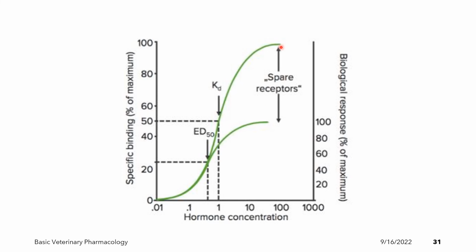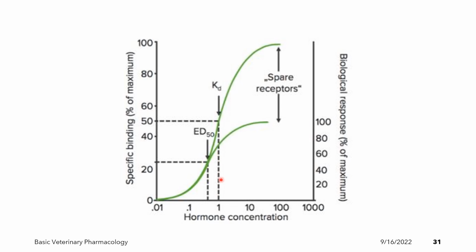So this is the proportion of the spare receptor for this particular drug. There is actually this particular amount of the drug receptors that are still unoccupied. As you can see here from this graph, the maximal effect of this particular hormone is achieved at this particular dose.